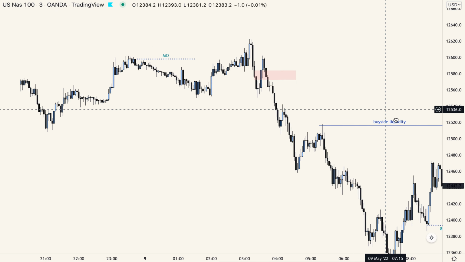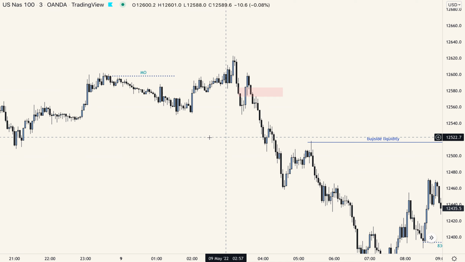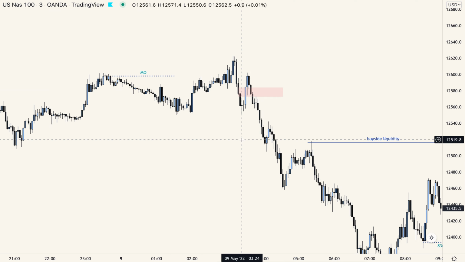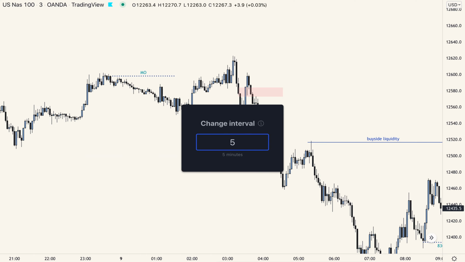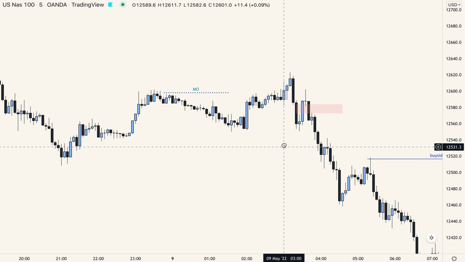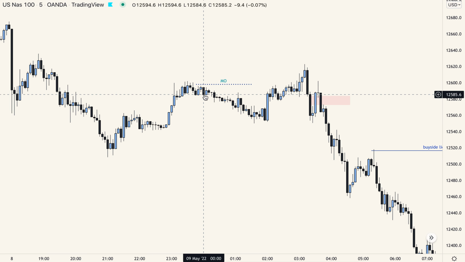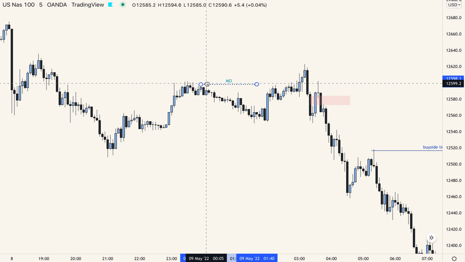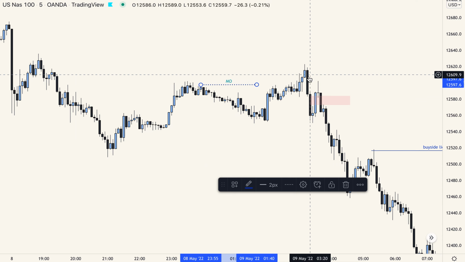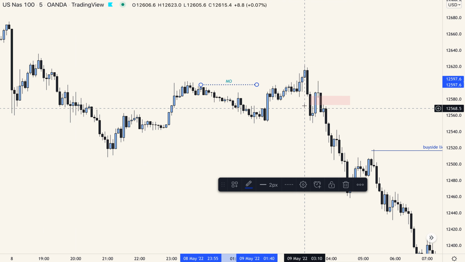So if you were awake during London session and you saw this potential setup, I guess this might have been the 5-minute chart. Yep, the 5-minute chart. If you were awake at this time, the midnight open was right here. Price traded above it, took out this swing high, traded down, leaving a fair value gap, also breaking structure.